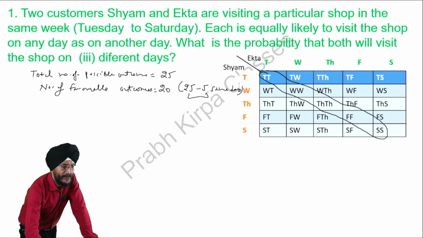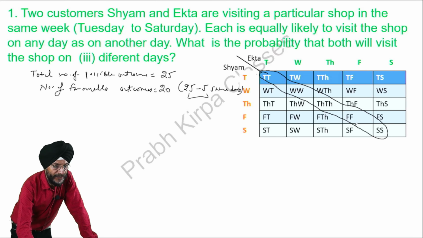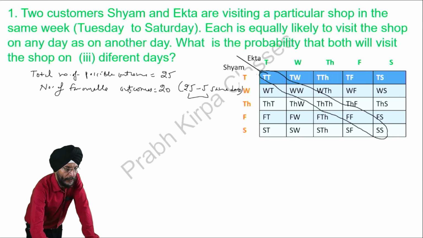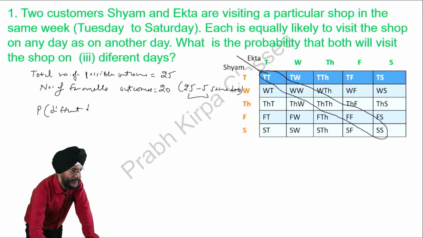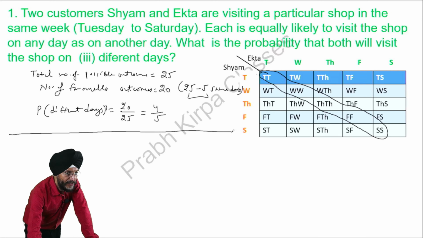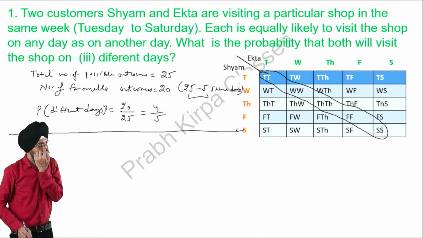We have arrived at this by deducting 5 same days from the total number of possible outcomes. So these are the number of favorable outcomes where the probability of visiting on different days is 20/25, which is 4/5.